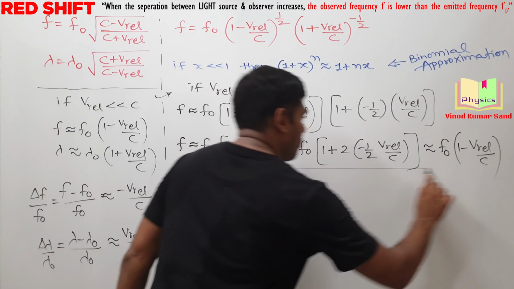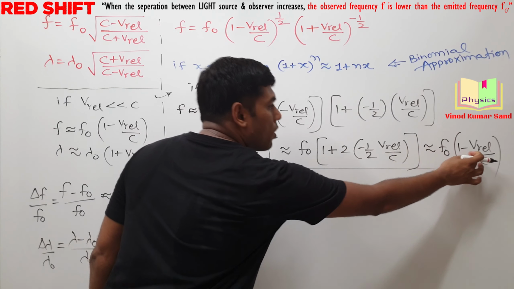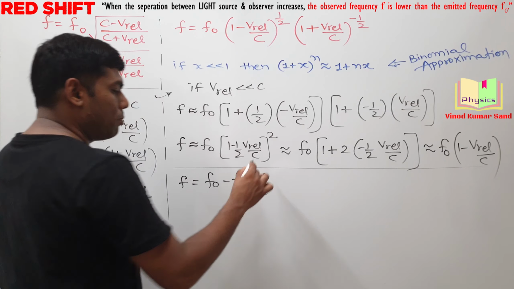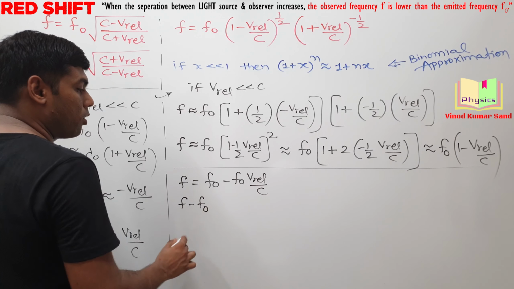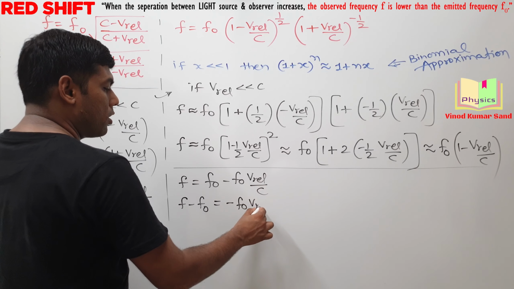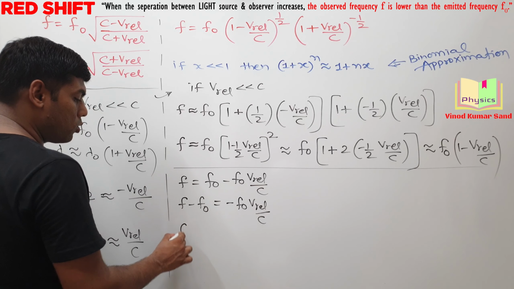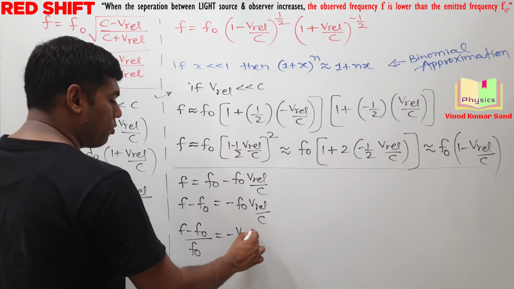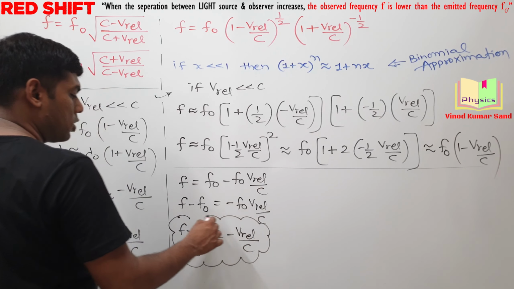Then, going further for the simplification, this F was equal to F naught minus F naught V relative by C. This F naught can be shifted here, so F minus F naught equals F naught V relative by C. Shifting the F naught here, F minus F naught by F naught is equal to minus V relative by C. Another important expression.